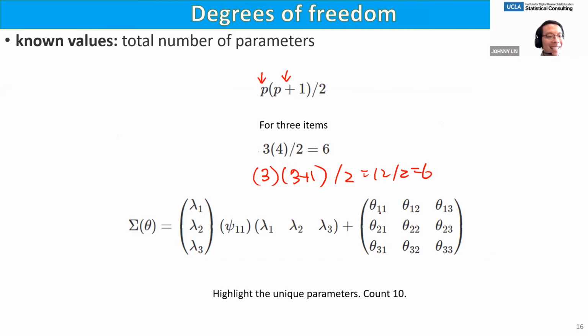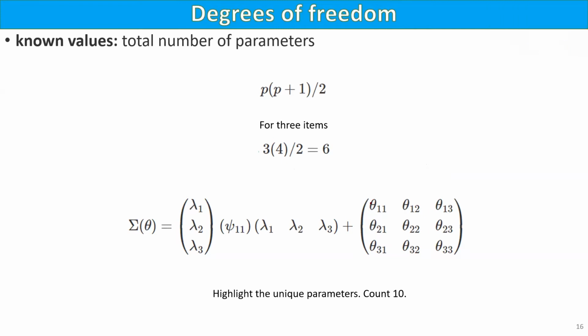Why is it 6 and not 9? You guys have any idea? I kind of talked about this before. Yeah, go ahead. Because the matrix is symmetric. Yes, perfect.